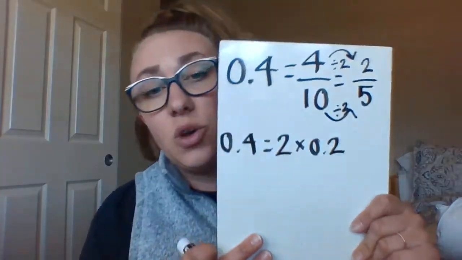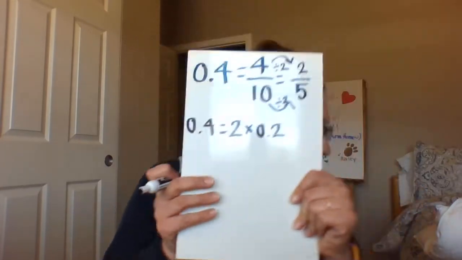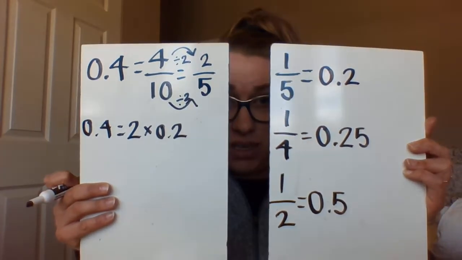So let me show you that in a little bit of a different way. If we're thinking about 0.4, and I'll hold this up so you can write it down in a second, 0.4 is the same thing as 2 times 0.2, right? We know that 0.2 from our notes off to the side is 1/5.